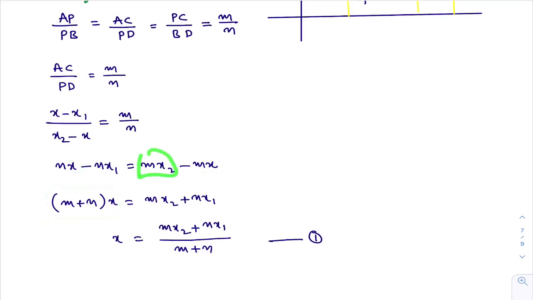Here mx2 is there, I written that as it is. This nx1 take it to the right hand side, minus nx1 will become plus nx1. From this, what is x? X is (mx2 plus nx1) divided by (m plus n). So I got that x value is (mx2 plus nx1) divided by (m plus n).